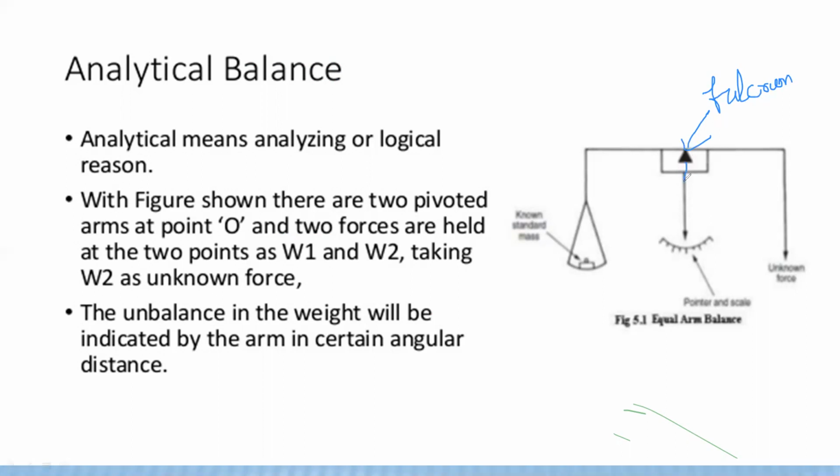This pointer shows how much deflection is placed in this equal arm beam balance, and from the calibrated scale we know the unknown amount of force.